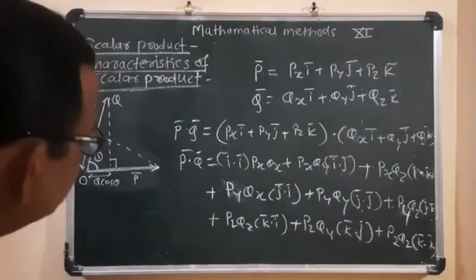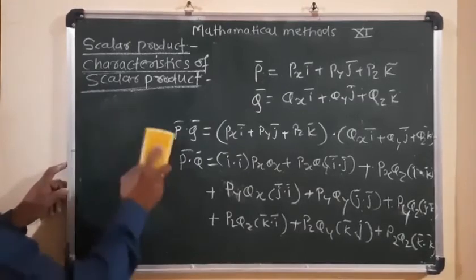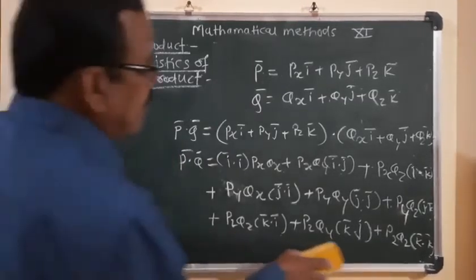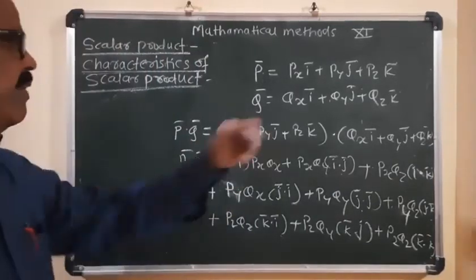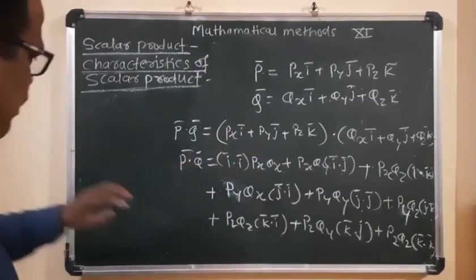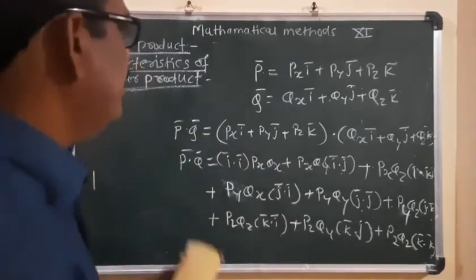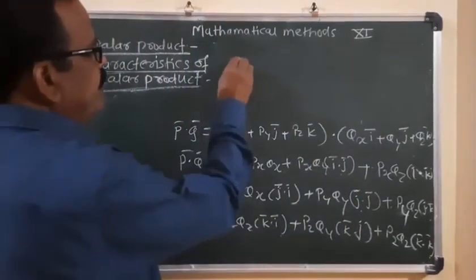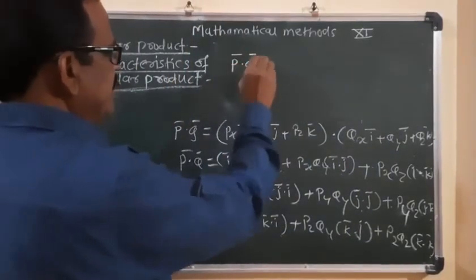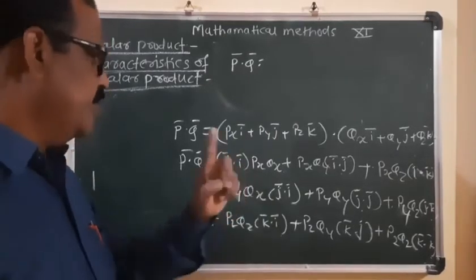Here, by using the laws of vector product of two vectors in a rectangular coordinate system, we write here P bar dot Q bar is equal to, in this bracket, I bar dot I bar is equal to 1.